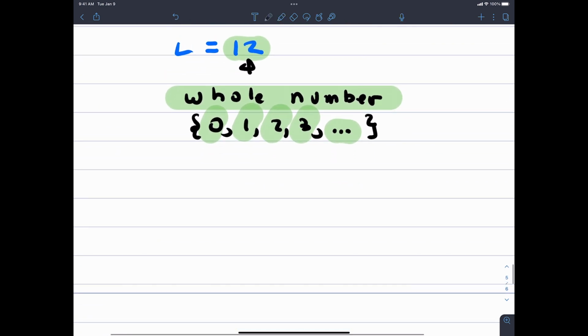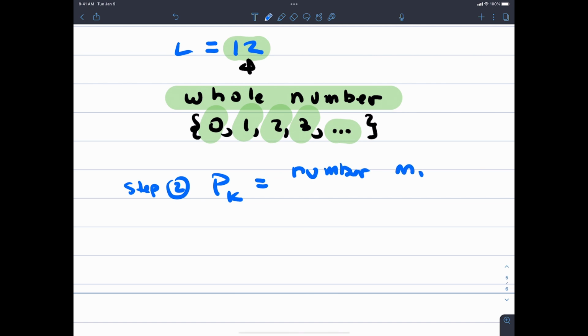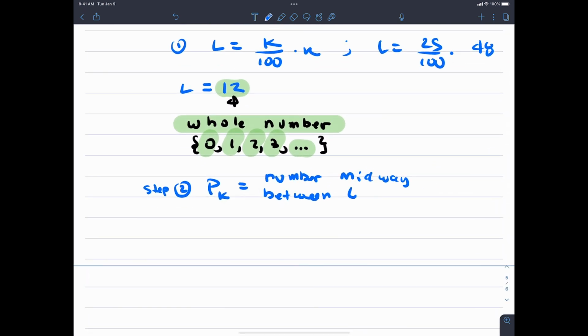So let me show you step 2, the answer step. When you have a whole number, here's step 2. PK equals a number midway between the Lth and L plus first data value in the sorted list.